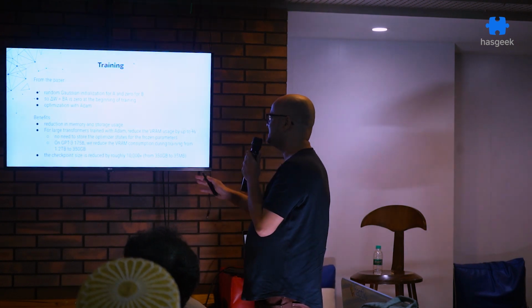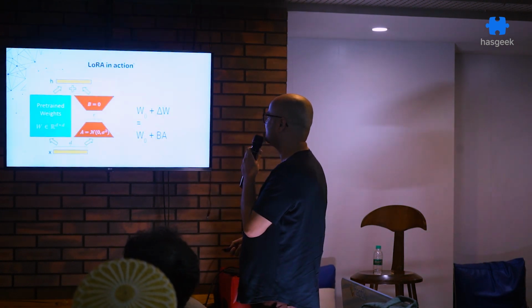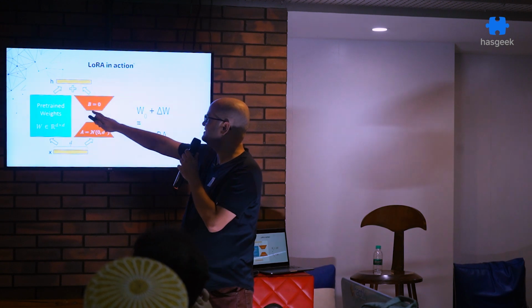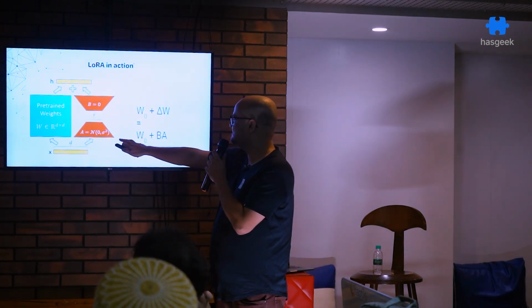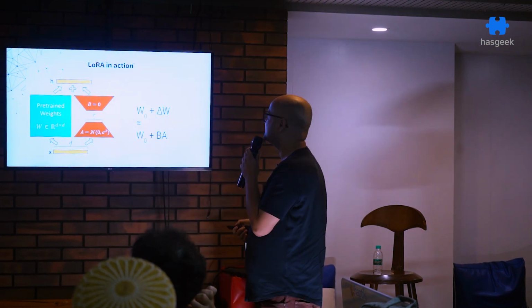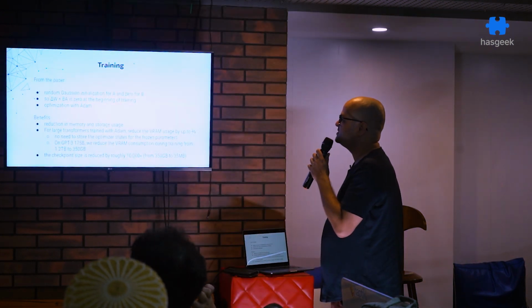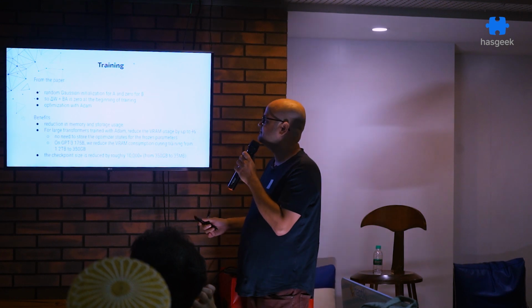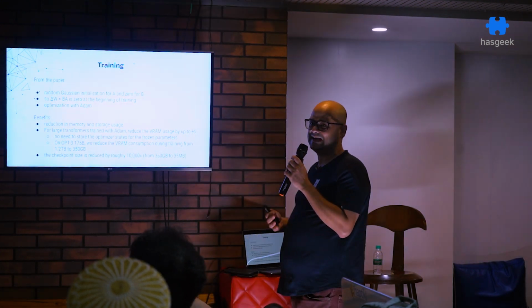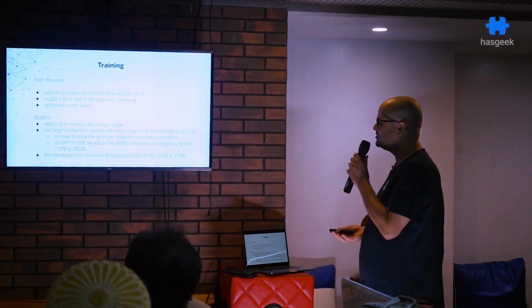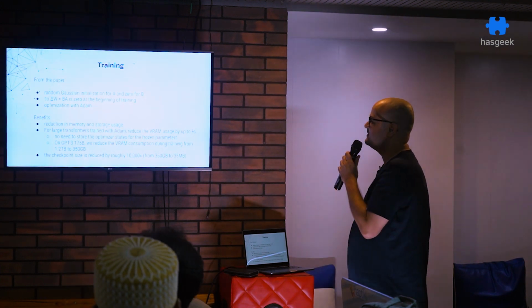So basically you have A and B. B is initialized with 0 values, A with a Gaussian distribution, and optimization is with Adam. And as it turns out, they got all the benefits that they were expecting.